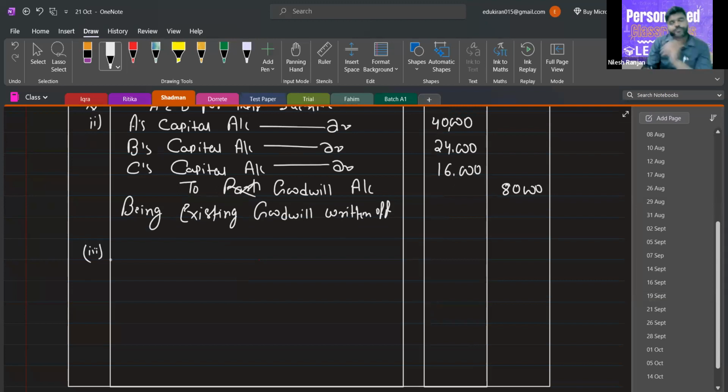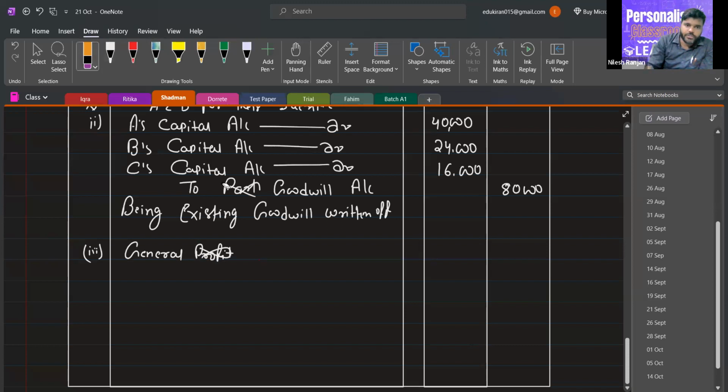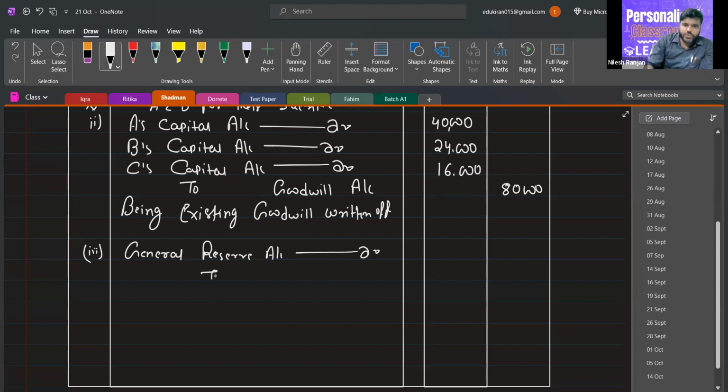The third one is general reserve. So we have to distribute general reserve. General reserve account debit to A capital, to B capital, and to C capital.